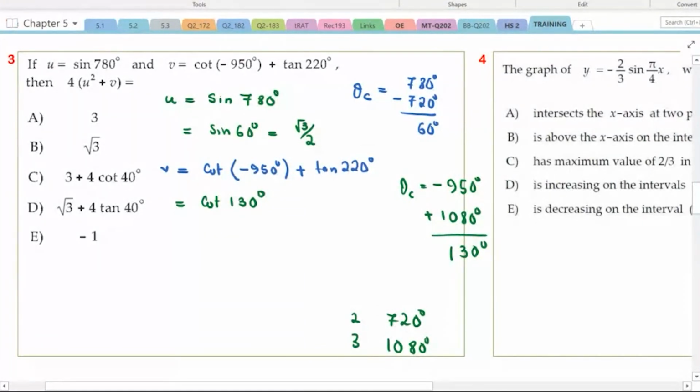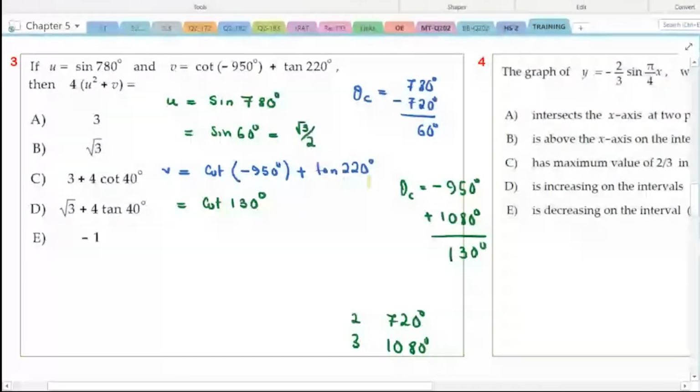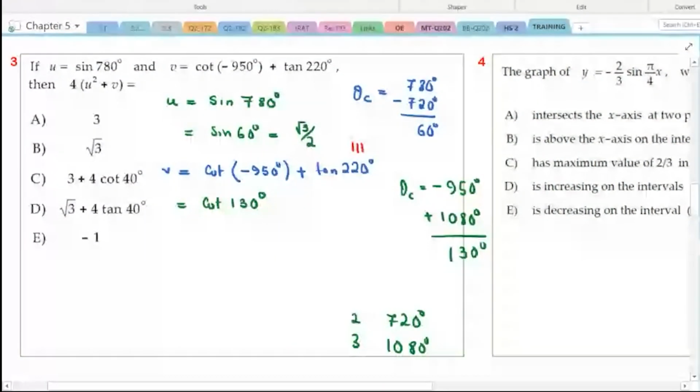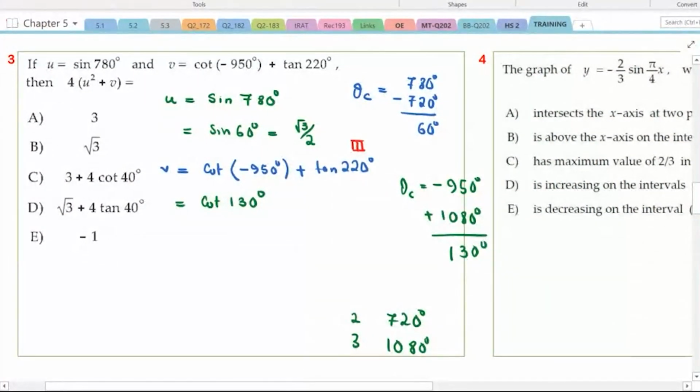Now let us go back. Here we have 220 degrees. This is an angle between 0 and 360 already. Now we are going to use the reference angle theorem. Here, which quadrant are we talking about? This is quadrant number 3. In quadrant number 3, gentlemen, tangent is positive.